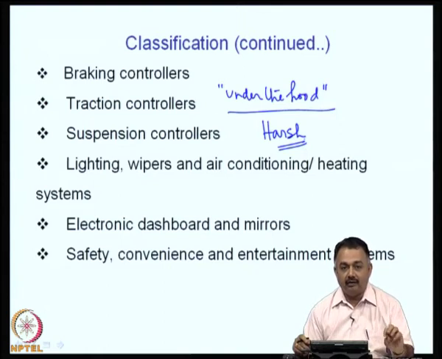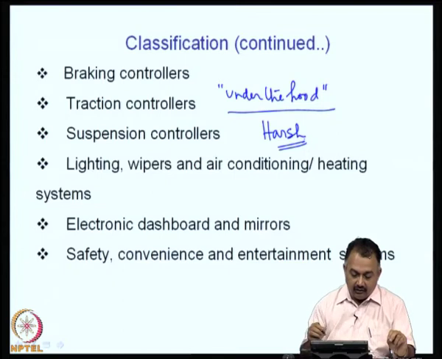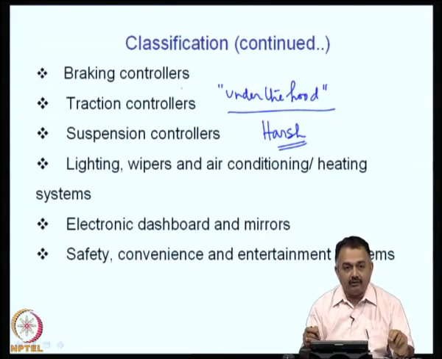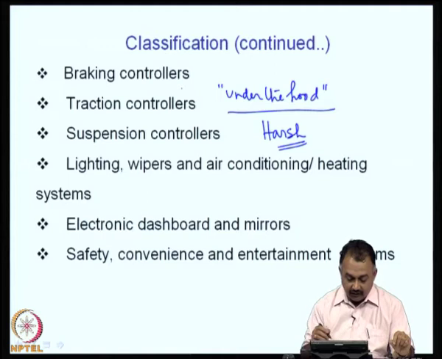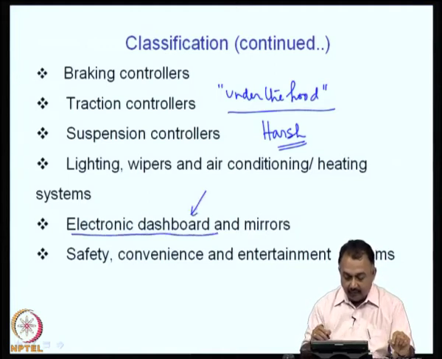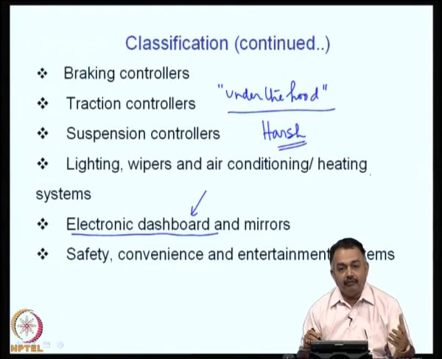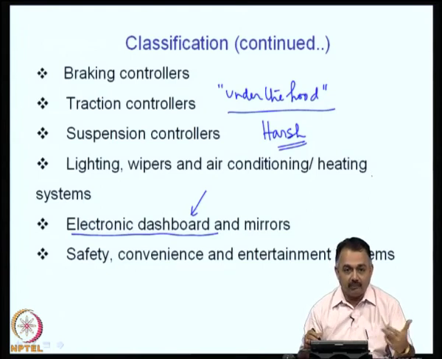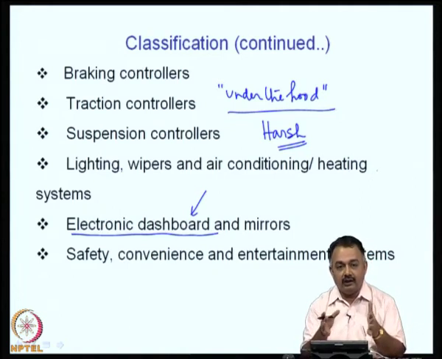by these environmental conditions. Braking controllers, traction controllers, suspension controllers, lighting, wipers and air conditioning systems, heating systems, electronic dashboard and mirrors, and probably the dashboard will be the place where most of the information from other parts of the automobile will be displayed. So, the electronic dashboard is a sort of convergence area for display.